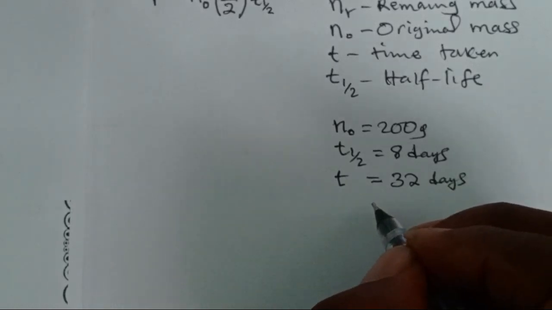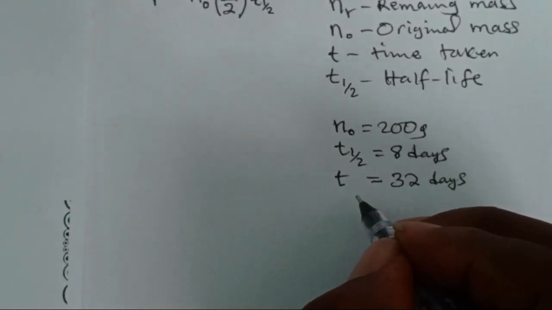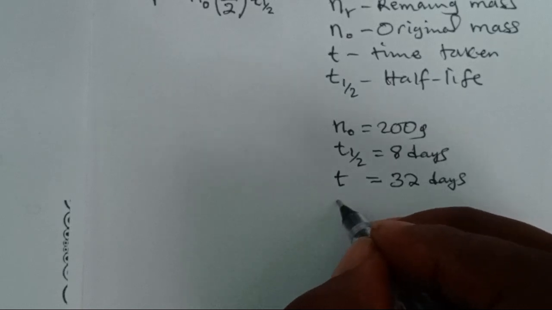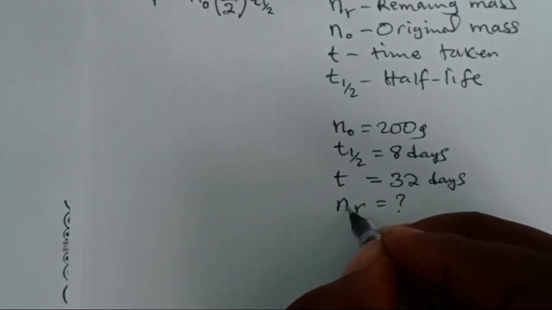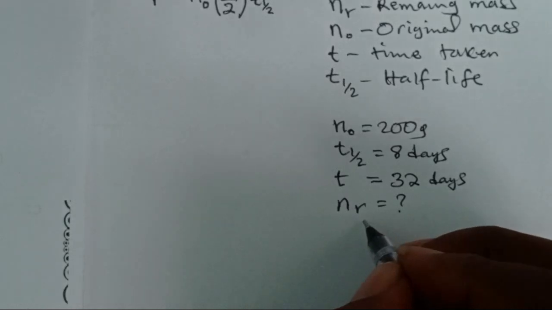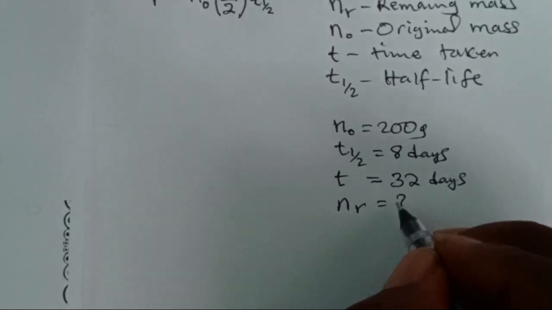So what do we want? First of all, we are going to find the remaining mass. When we find the remaining mass, that's when we'll find the mass that was used.